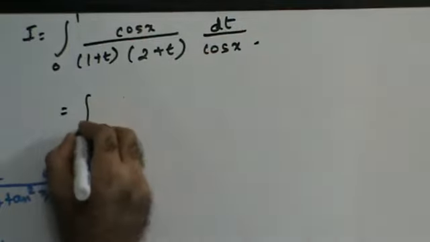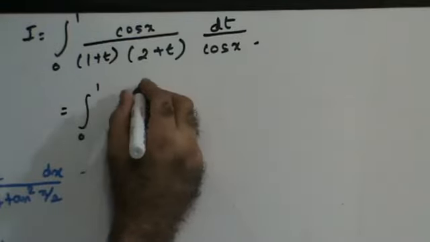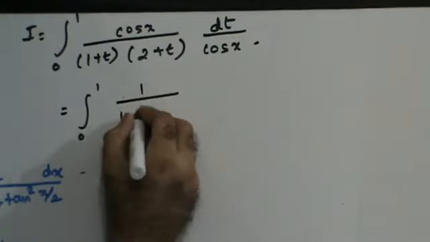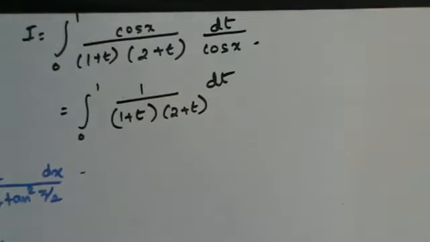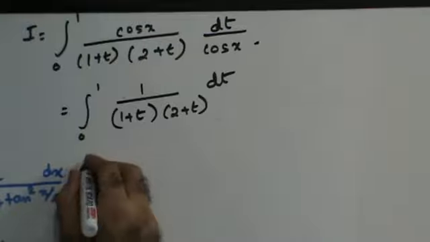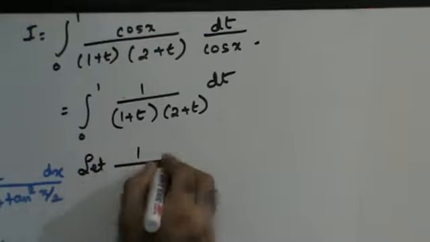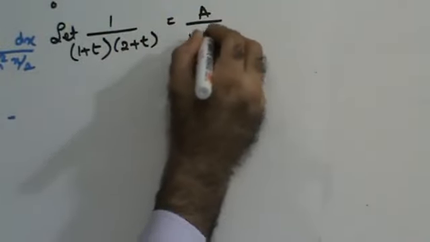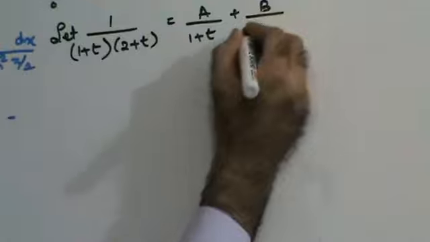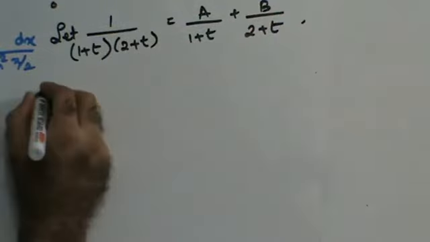So this is the integral from 0 to 1 of 1 upon (1 plus t)(2 plus t) dt. Now I could solve this by using partial fractions. You will say let 1 upon (1 plus t)(2 plus t) be equal to a upon 1 plus t plus b upon 2 plus t.